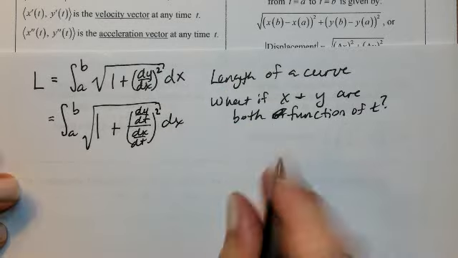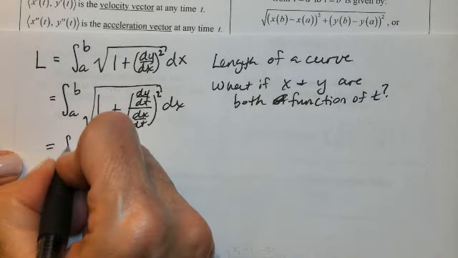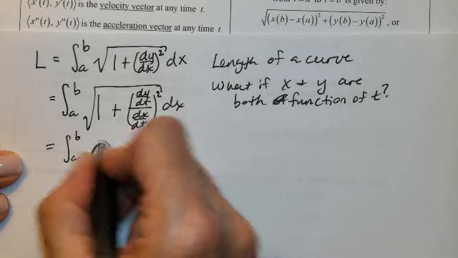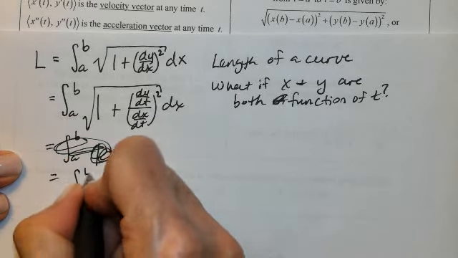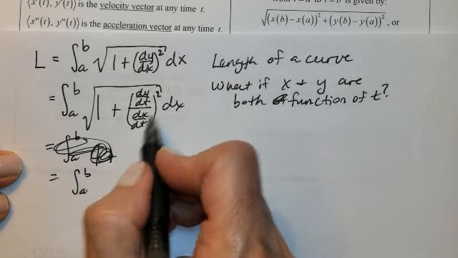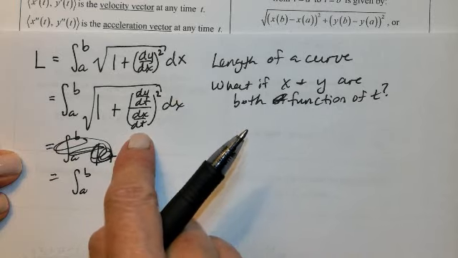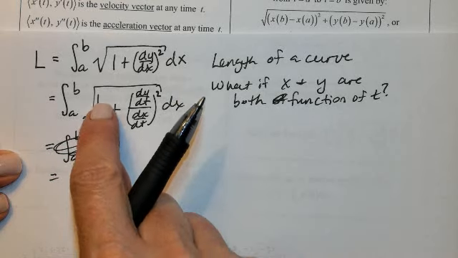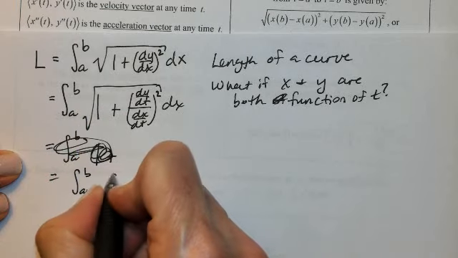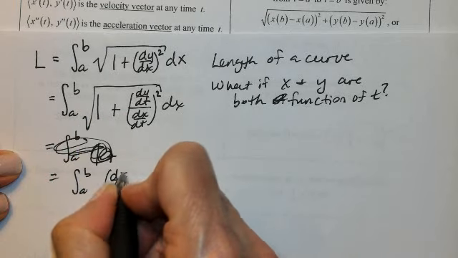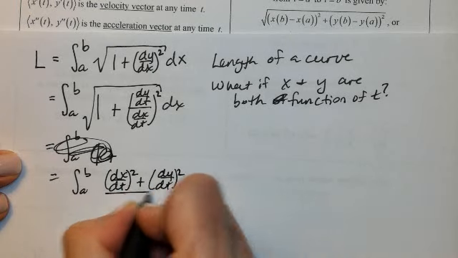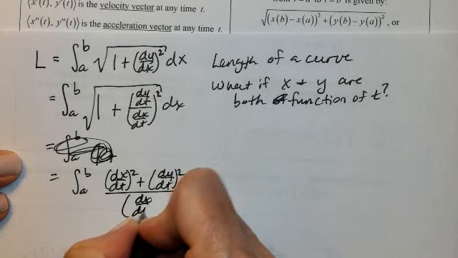Okay. So I want to get a common denominator. So this is going to be (dy/dt) squared divided by (dx/dt) squared. So my common denominator will be (dx/dt) squared. 1 is (dx/dt) squared divided by (dx/dt) squared. So inside the radical, I'm going to have (dx/dt) squared plus (dy/dt) squared divided by (dx/dt) squared.